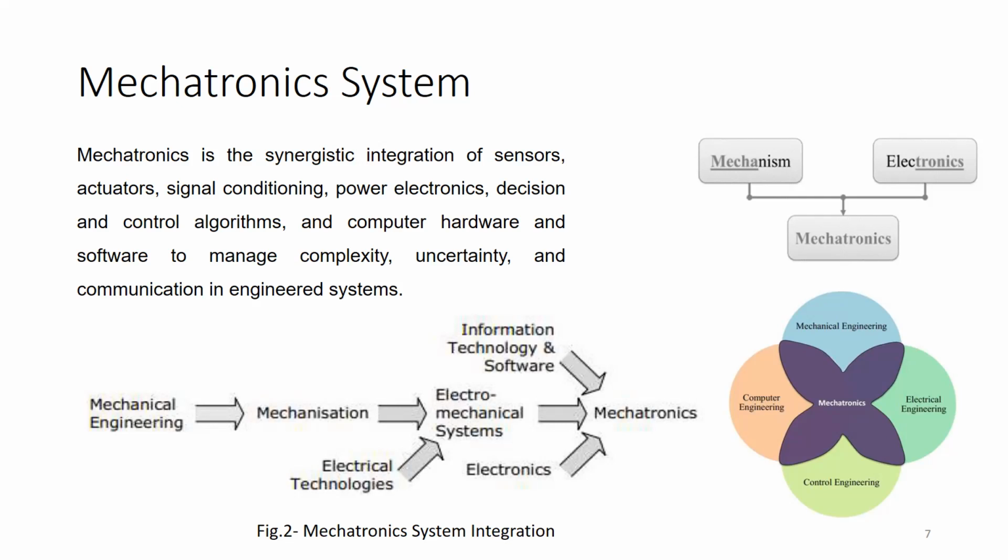So mechatronics is the synergistic integration of sensors, actuators, signal conditioning, power electronics, decision and control algorithms, and computer hardware and software to manage complexity, uncertainty, and communication in engineered systems. So very long and a little complicated definition covering a number of things.